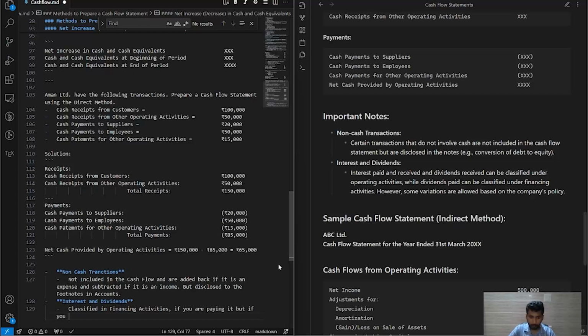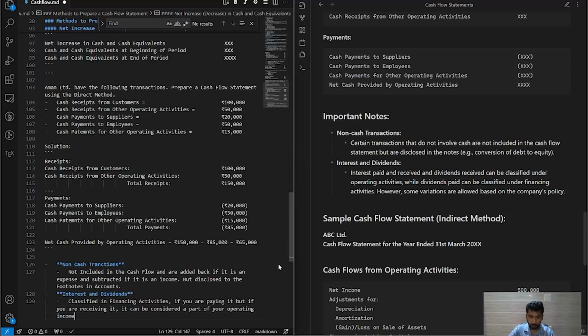But if you are receiving them, they can be considered part of your operating activities.